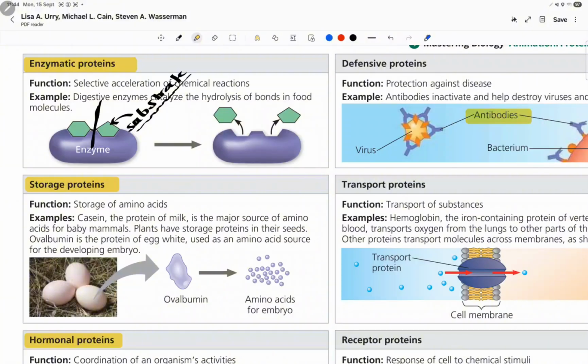Okay. Some are going to be involved in transportation, such as the transportation of oxygen inside your body by hemoglobin, or by the transportation of substances across your cell membrane, such as a transport protein, which can be used, for example, in this case, for transporting a hydrophilic substance from high concentration on the left to low concentration on the right of the cell membrane.